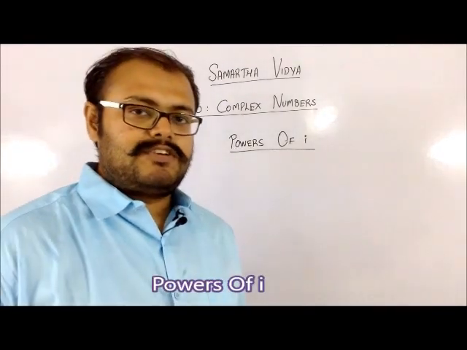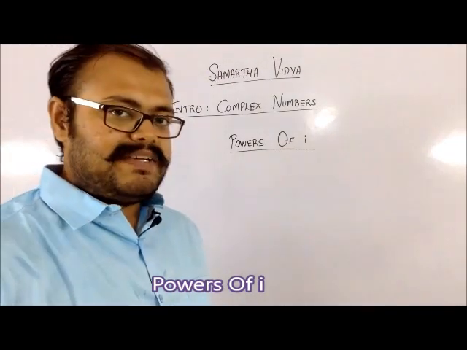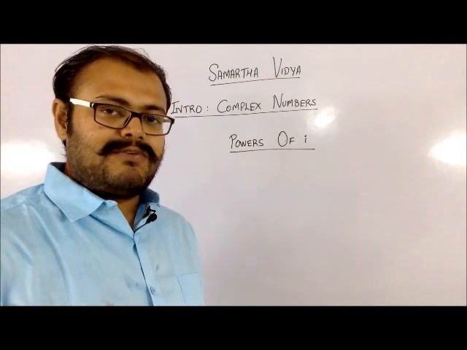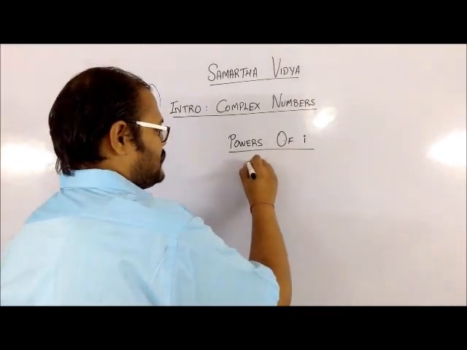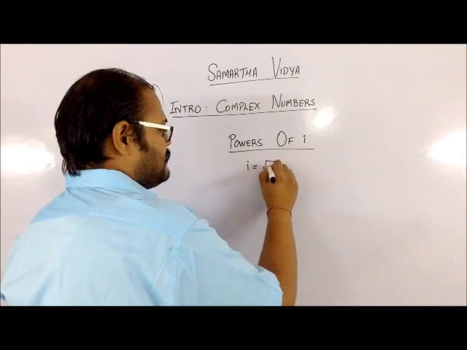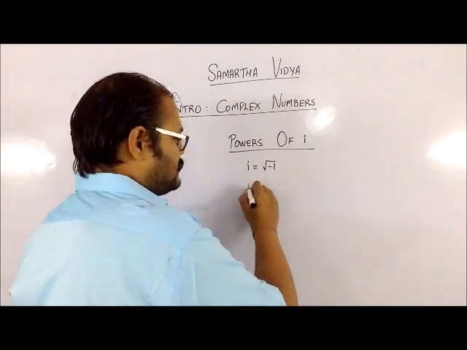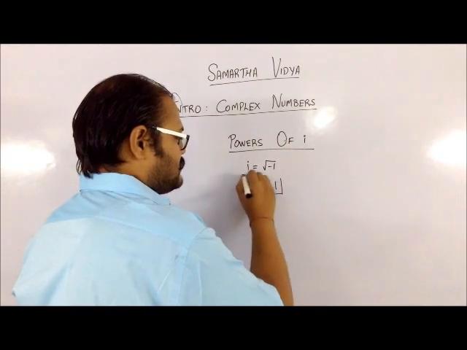Next we go for the topic which is called as powers of i. So powers of i means basically if i is raised to some value, then what is going to be the answer for that. The first thing I know that i is given by the value root of -1. If I am squaring both sides, then i square will give me answer as -1.